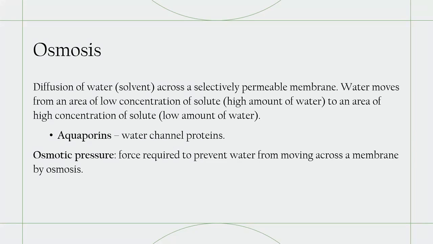Now, osmosis is really the diffusion of water. So when we say general diffusion, it means like a solute in a solvent, like sodium in water moving from one place to the next. But osmosis is actually talking about the water molecules themselves moving across a membrane, right? Because what if you can't move the solute or the ion molecule?